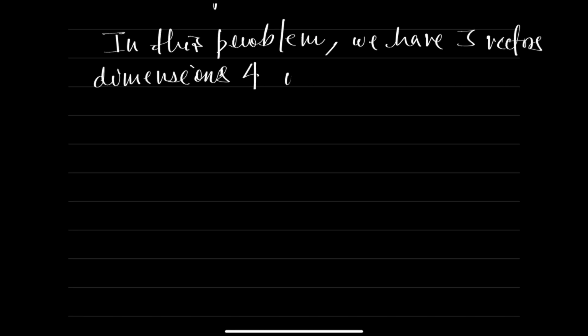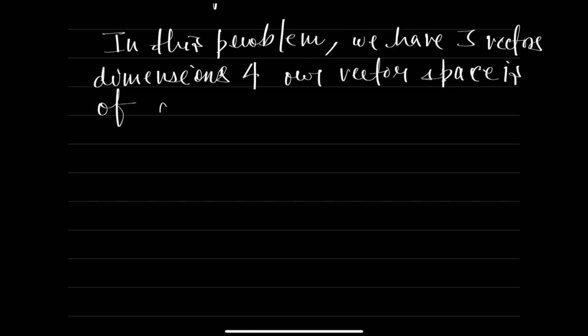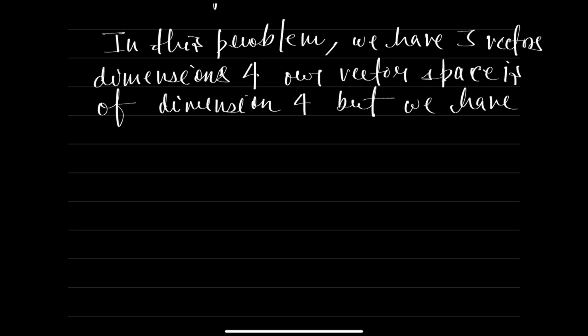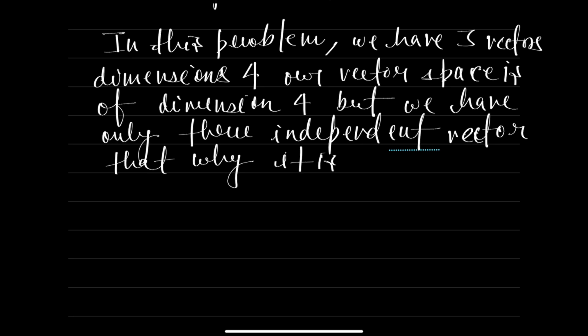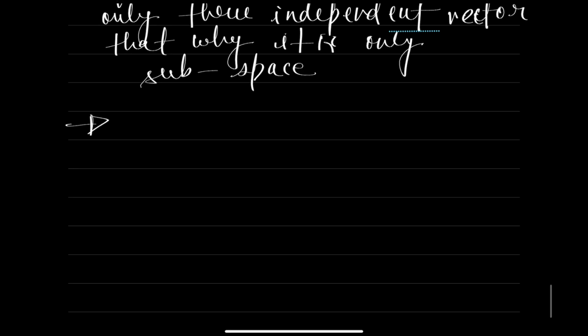Our vector space is of dimension 4, but we have only 3 independent vectors. That's why it is only a subspace.